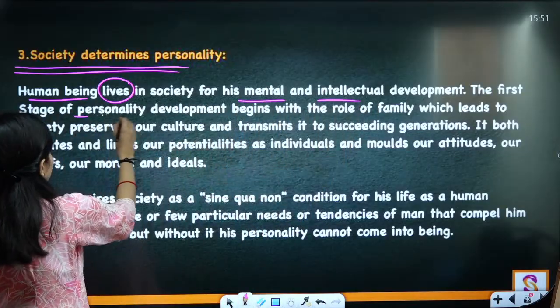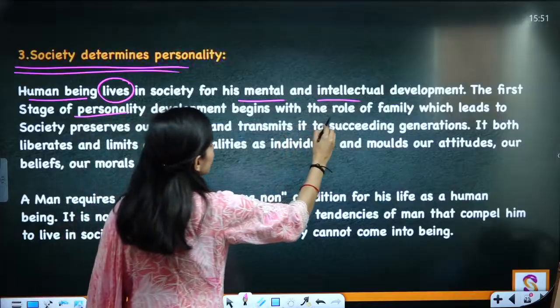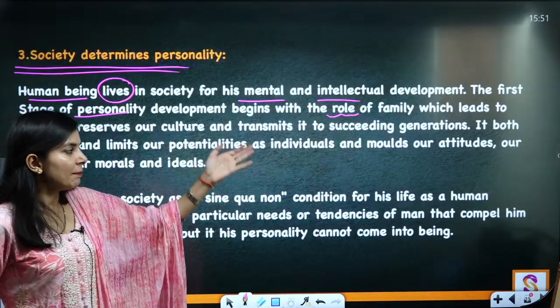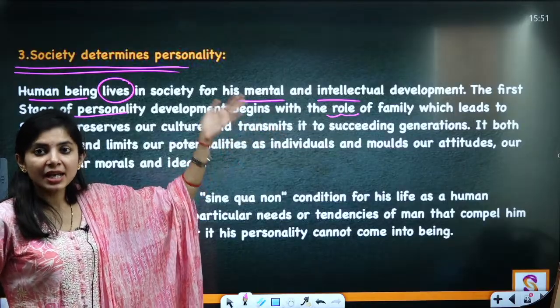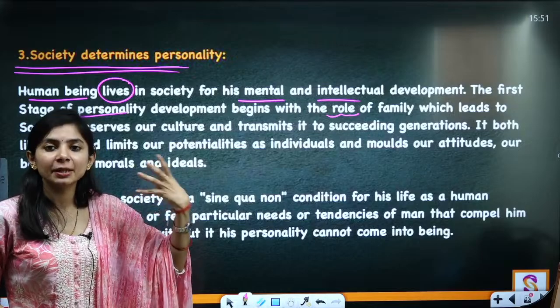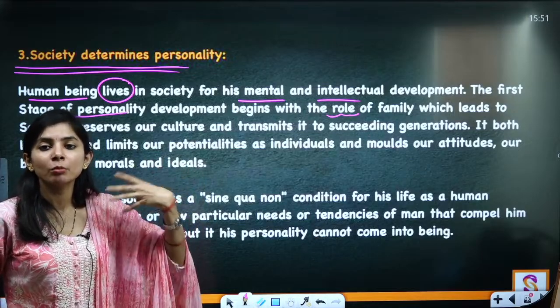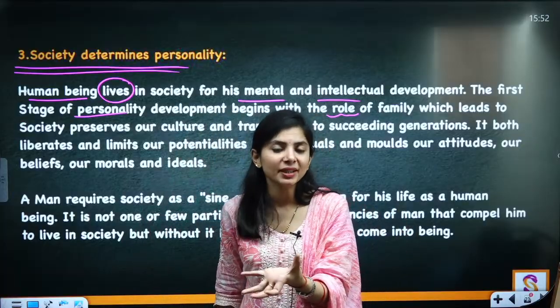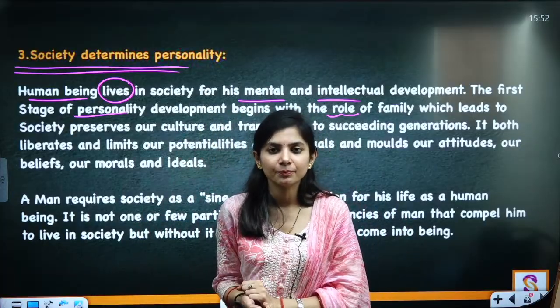So the first stage of personality development begins with the role of the family. As I gave you the example, American civilization and their way of nurturing children provides more independence as well as more power to take your own decision, that is, an informed and mindful decision.